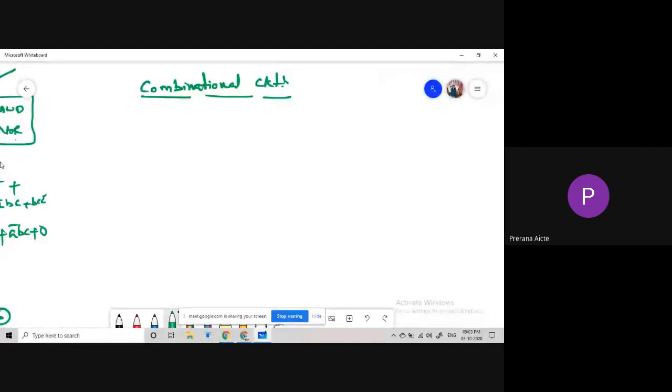What is the meaning of combine? What is the meaning of integration? Summation, I equal to 1 to n, A n gives A1 plus A2 plus A3 and so on.